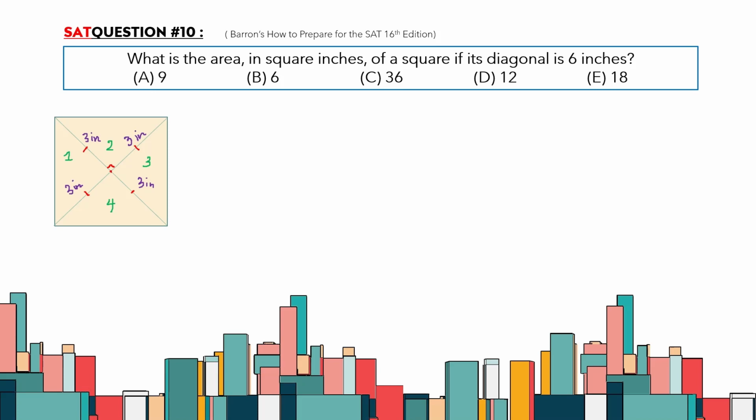And for the area of one triangle will be equal to 1/2 multiplied by 3 multiplied by 3, the first and the second leg of the right triangle.